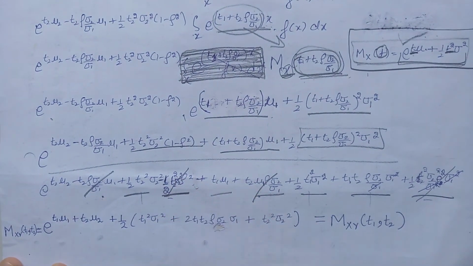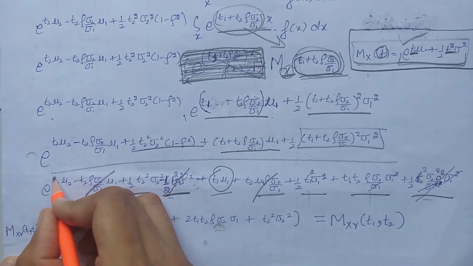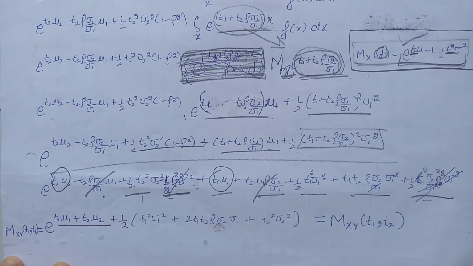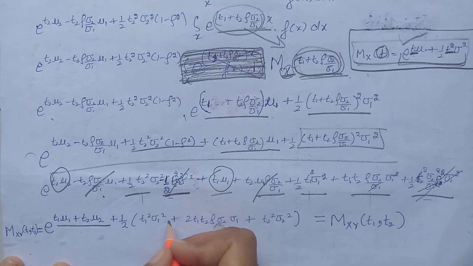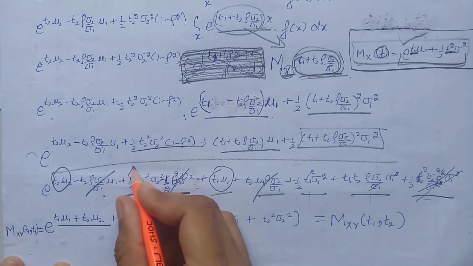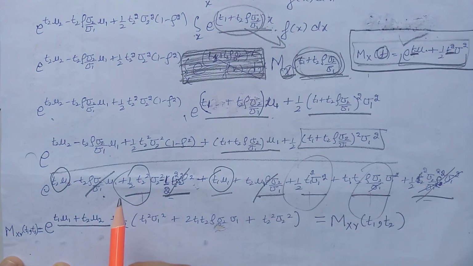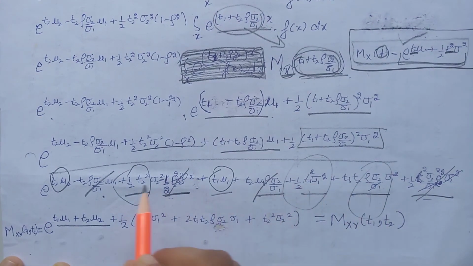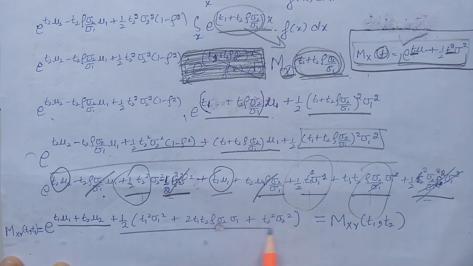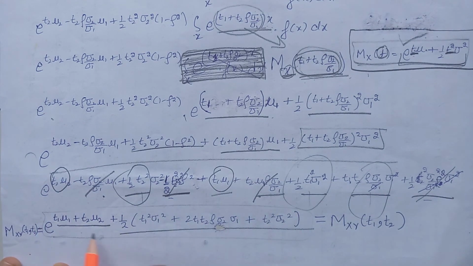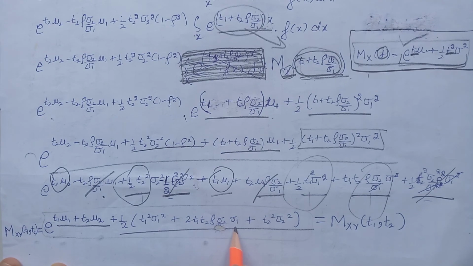So now we are left with this term plus this term. Then we take common 1 by 2 from these three terms, and we get this value. That is, overall this is the moment generating function of the bivariate normal distribution.